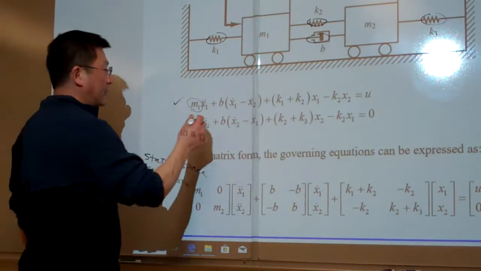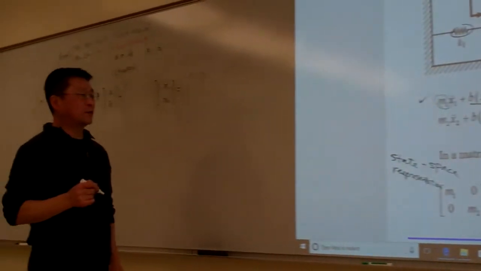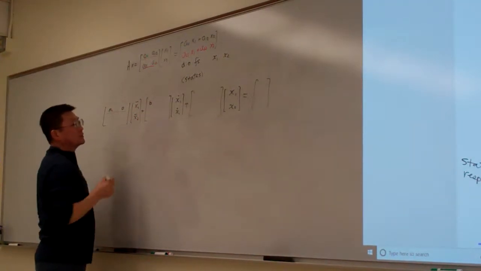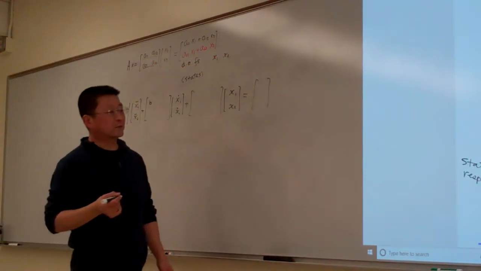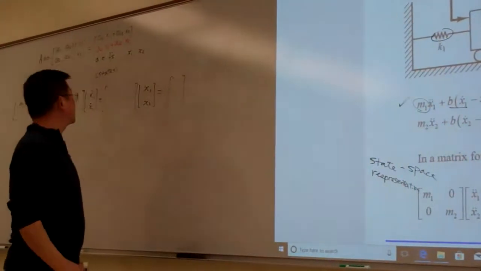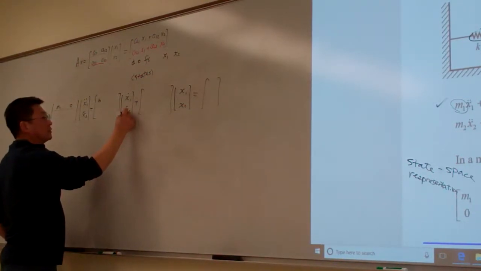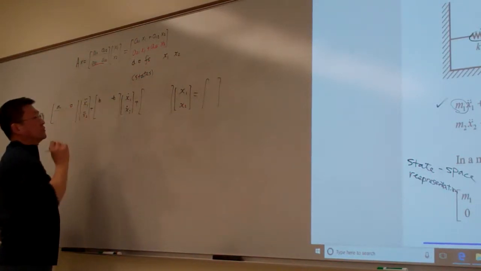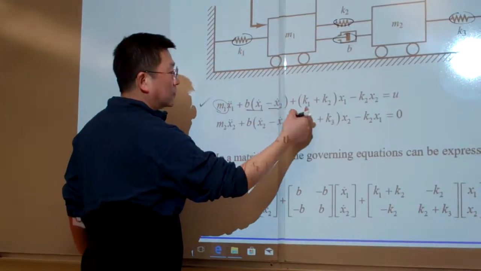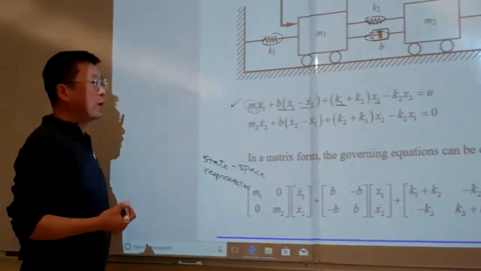And how about this one? B x1 dot. So B is here. Okay. And then minus B x2 dot. So that is, oh sorry, this is 2. So this is minus B. Okay. And so we are done with this one. And now for this case, k times x1.